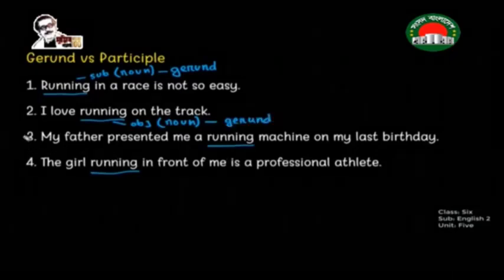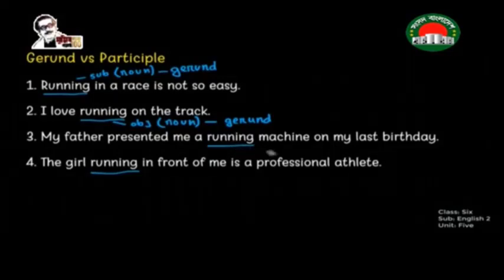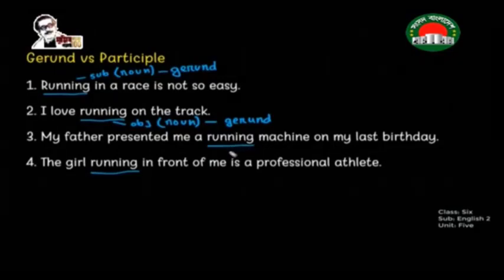Let's see what about examples 3 and 4. Here running is actually modifying machine. So it is not a noun, it is an adjective. At the same time, the girl running in front of me: this running is modifying the girl. So it is also an adjective.